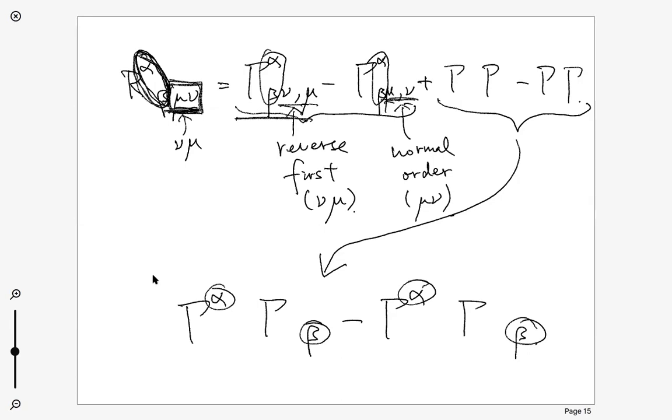And then I will remember that both of these terms would have contracting indices. Whatever you call the contracting indices, it doesn't really matter. Maybe you would call this sigma, and the same here, but I would rather use lambda.